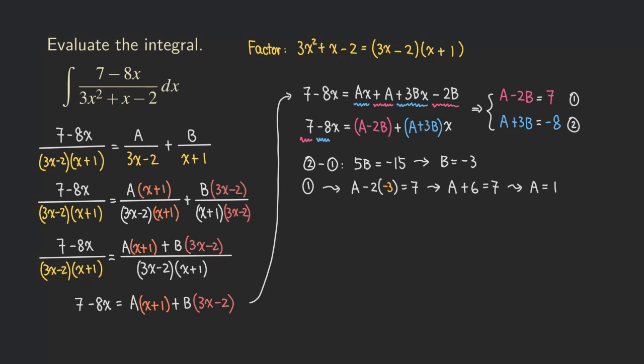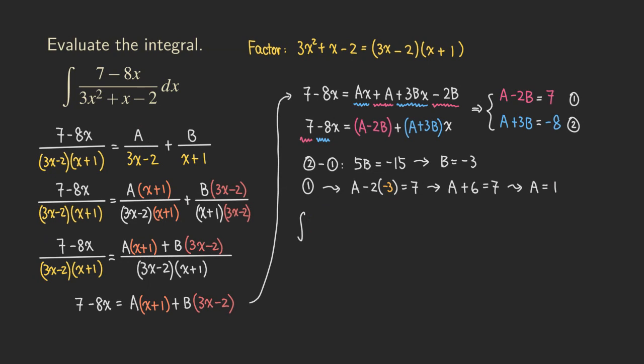So right now, all we need to do is to plug it back in, and then we can start doing the integration. So now going back to the original integral, we do not really keep the original function anymore, because we are claiming that this function is equal to the sum of two partial fractions, right? So now we plug the a in there. So 1 is being plugged in here.